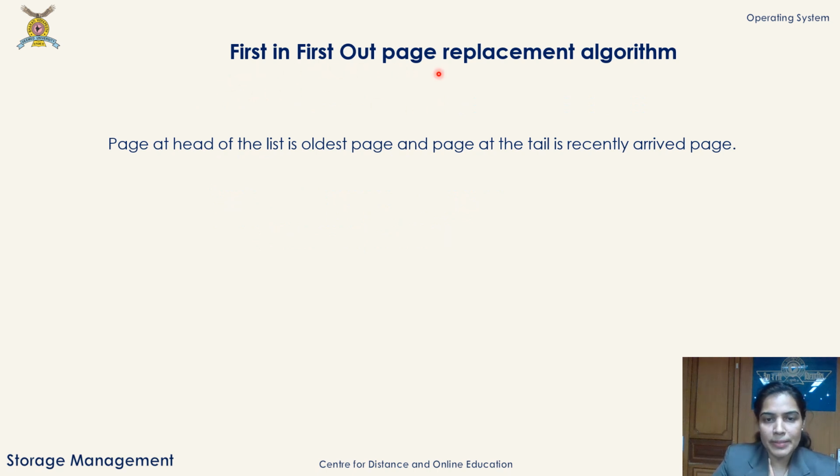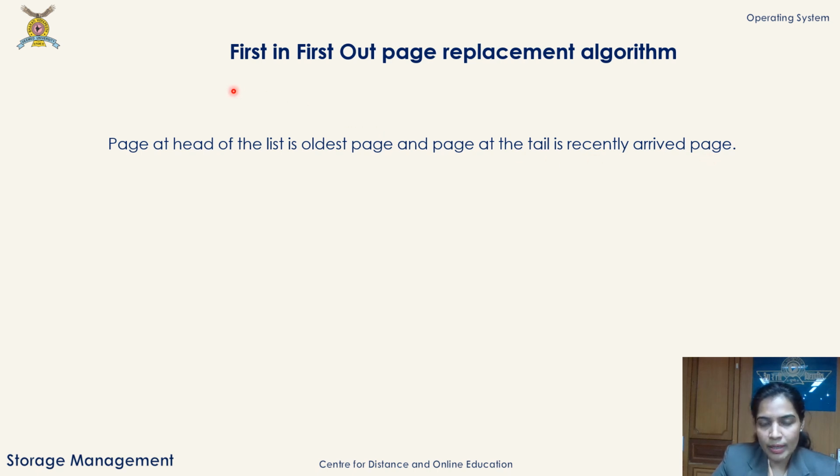The next algorithm is first in, first out page replacement. Here the operating system maintains a list of all pages currently loaded in memory. Now on each page fault, the page at the head is removed. The page at the head of the list is the oldest page and the page at the tail is the most recently arrived page.